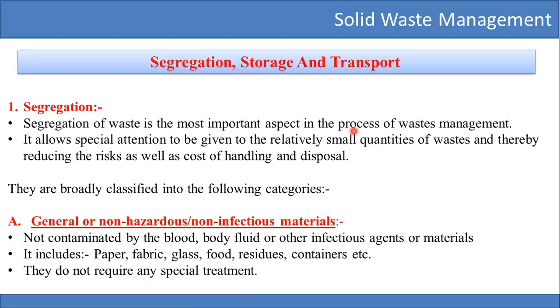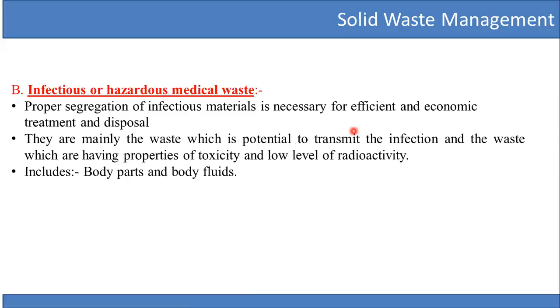The second classification of the segregated material is infectious or hazardous medical waste. This kind of material must be properly segregated because it is infectious, and it is necessary for efficient and economic treatment and disposal.